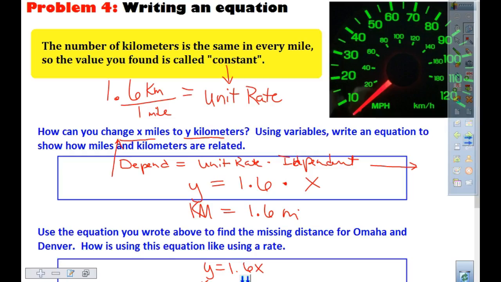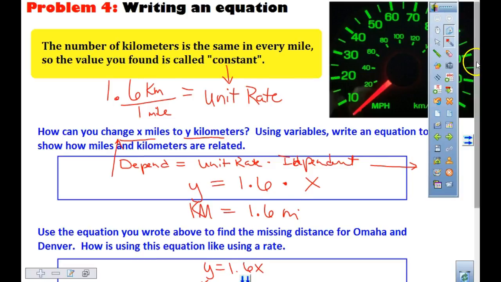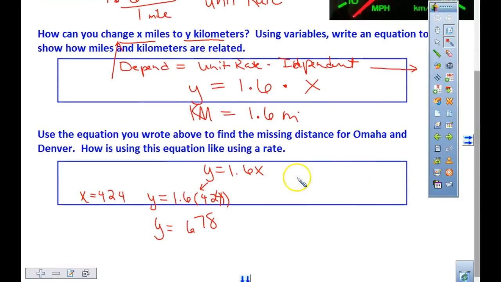Okay. So now let's check the other one. So now when we're looking at the other city, the 1374, is that y or x? It's the y. So this time what we know is that y equals 1374.